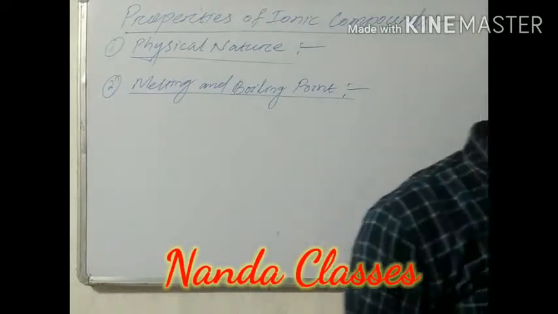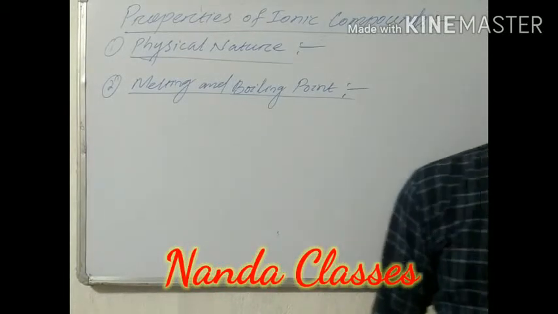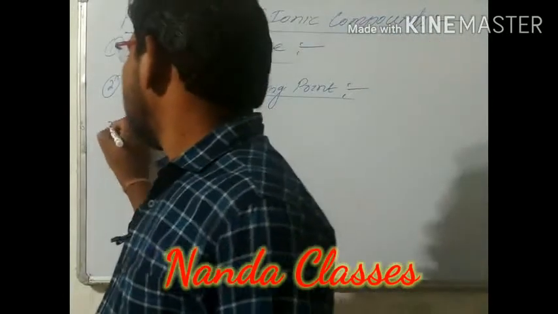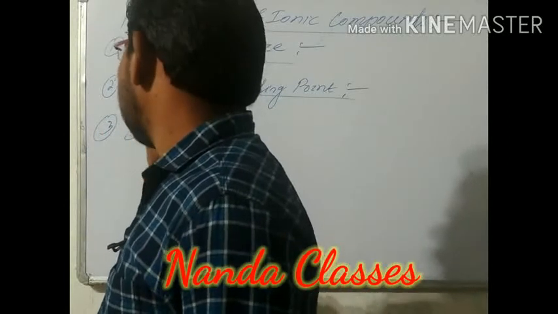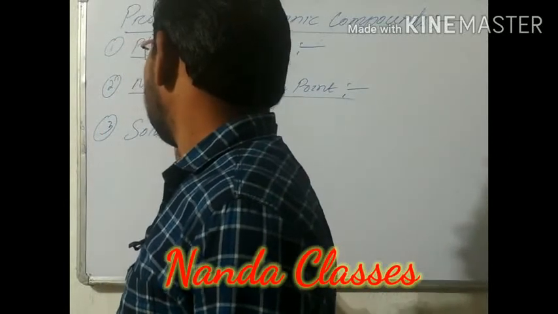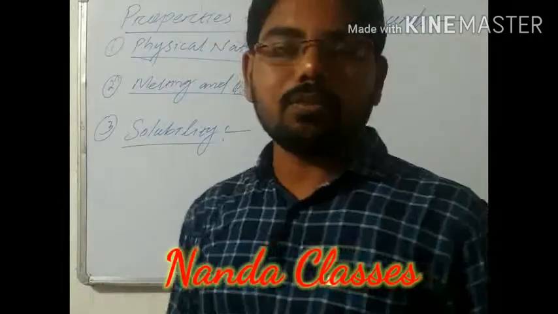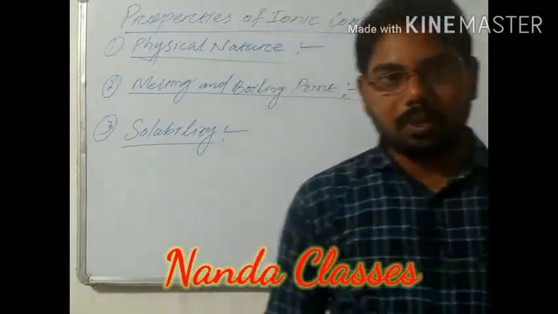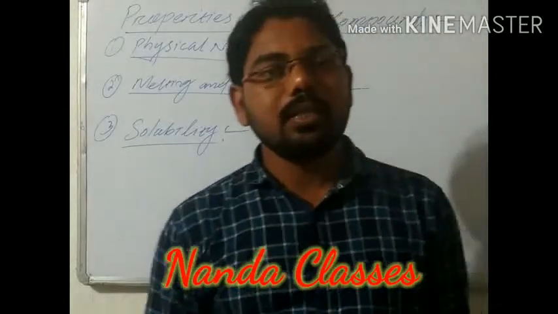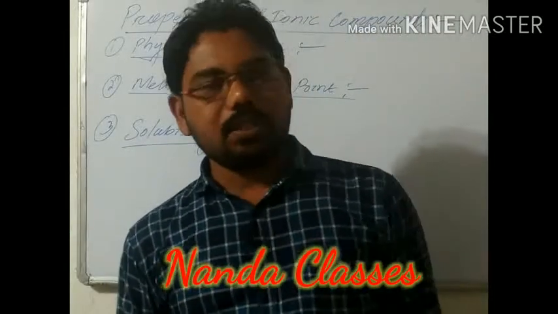Next property is solubility. These are most important properties. Solubility means the ability to dissolve. जो soluble हो जाता है उसको बोलते हैं solubility. जैसे कि नमक वाटर में easily soluble हो जाता है.